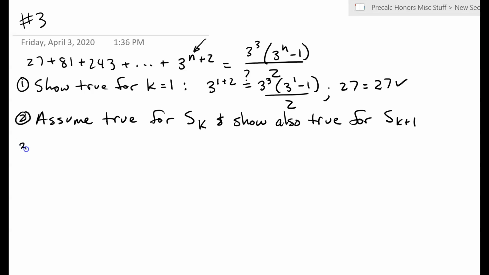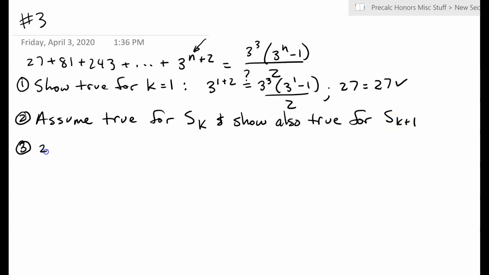Alright, now in step 3, I might have mentioned this in another video, but make sure you're not using n in this step because n is the general variable we've used in the formula. K is a specific value, like a number, the number k. It's not the general value for n. So we're going to show it's true for s sub k plus 1.